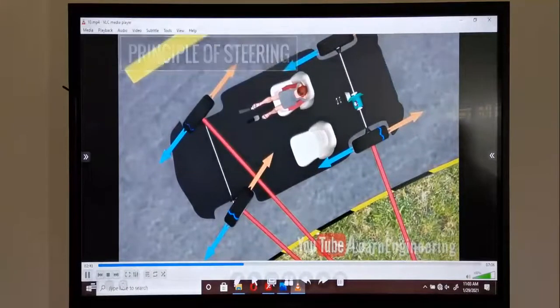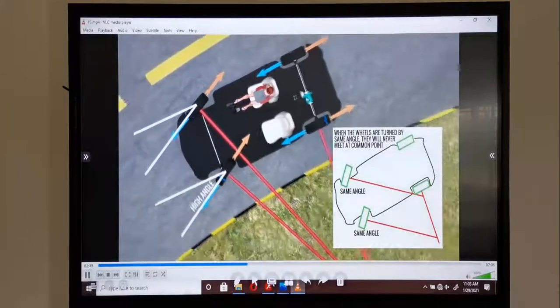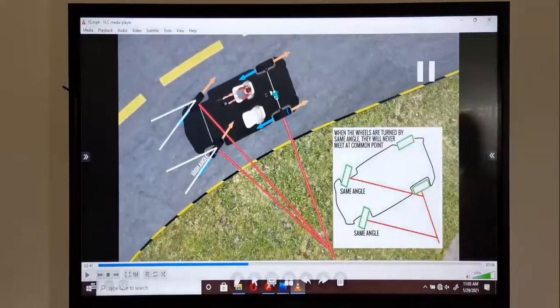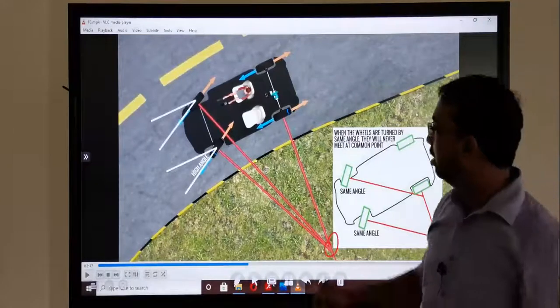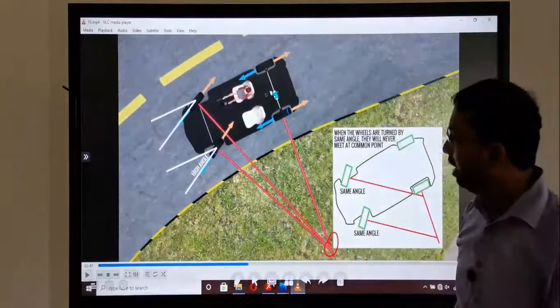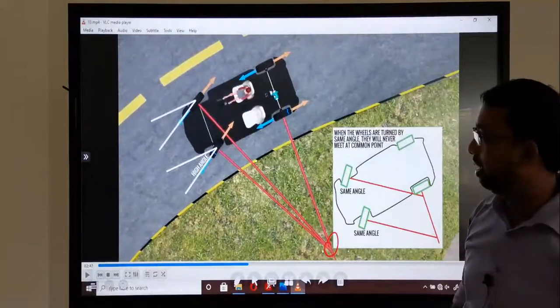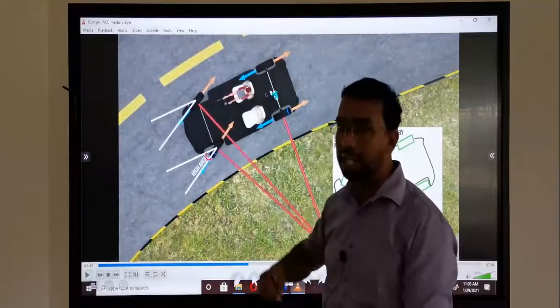When all these lines are connected at a center point, the wheel angles are not the same. This angle is very high compared to this angle.